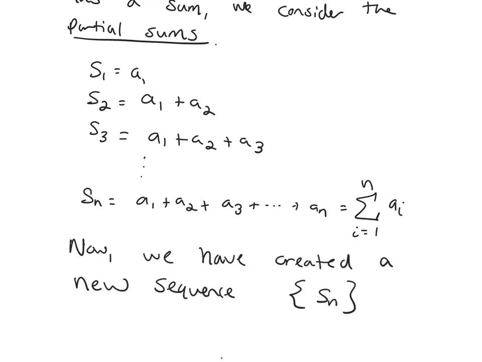And remember, when we have a sequence, we want to know if it converges or diverges. And that's what we're going to use to define if a series has a sum or if it doesn't have a sum. Okay?